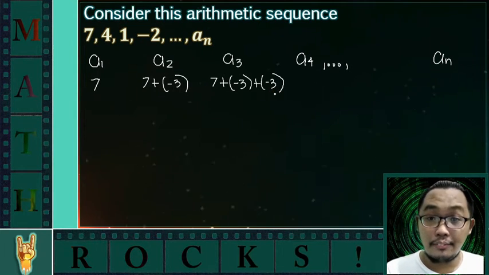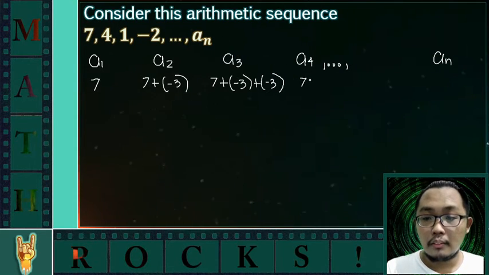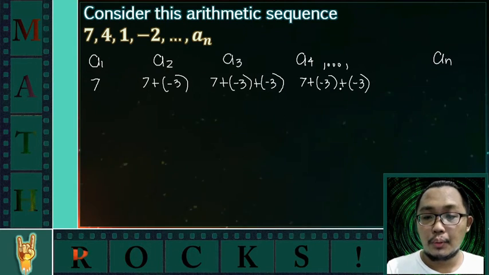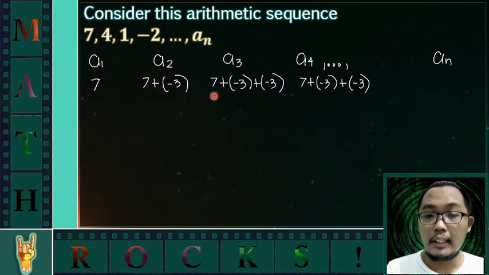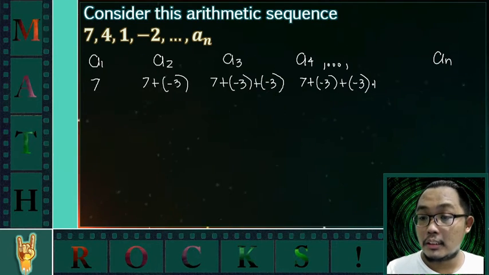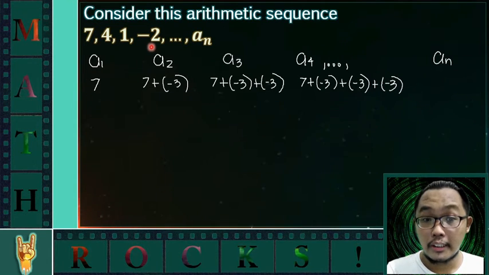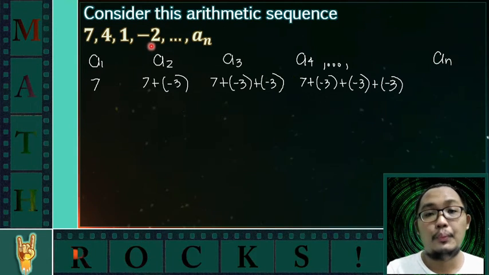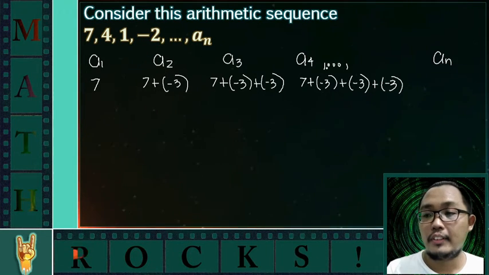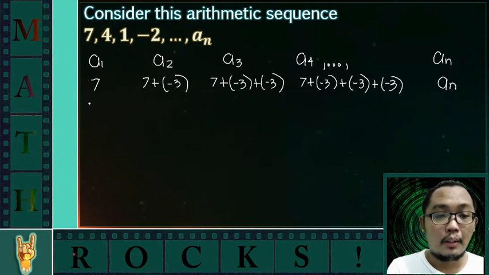For our a sub 4, it will now be written as 7 plus negative 3 plus another negative 3 plus another negative 3. Remember that this is actually our positive 1, and by adding another common difference of negative 3, we will have the value for the fourth term, which is negative 2. Since we do not know specifically what the nth term for this sequence is, let us write it as a sub n.